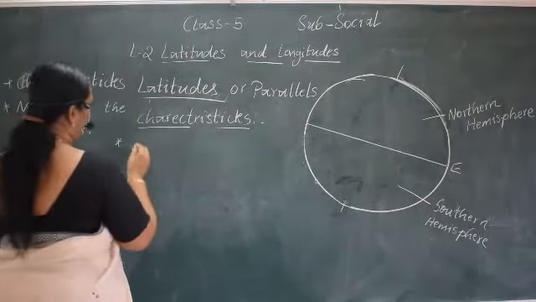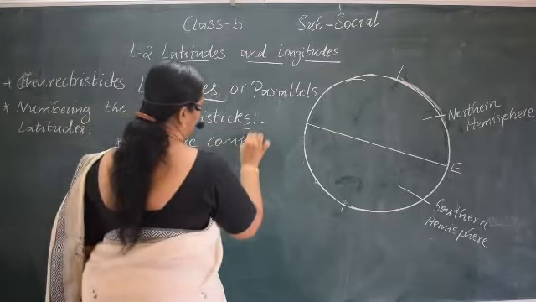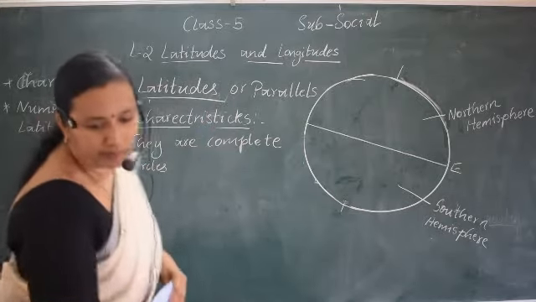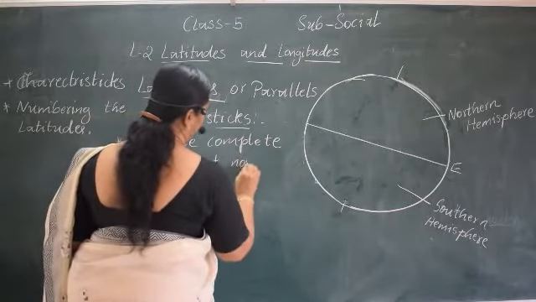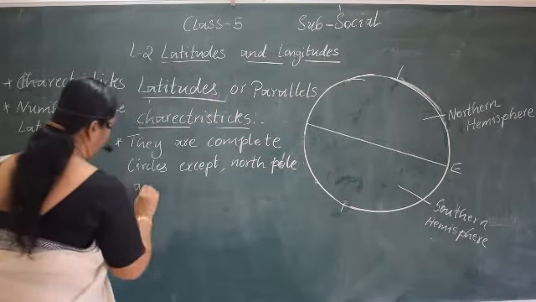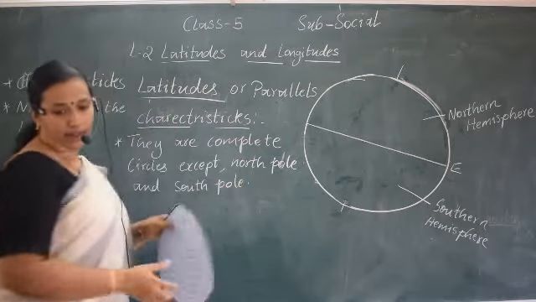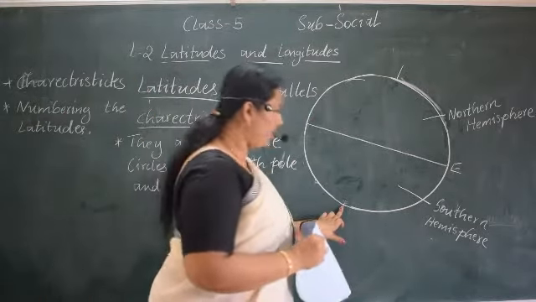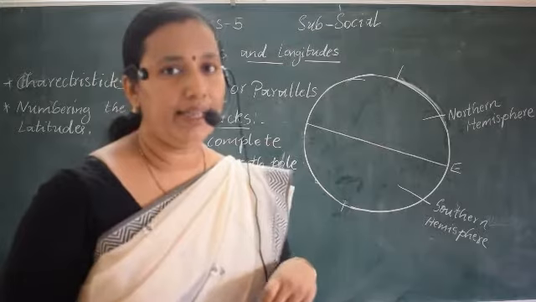I'll write the first one. They are complete circles except North Pole and South Pole, because I already told you these two are points. The remaining latitudes are all complete circles.